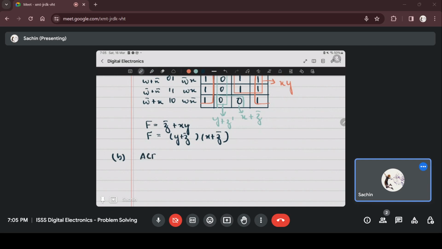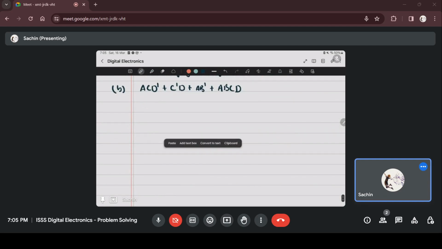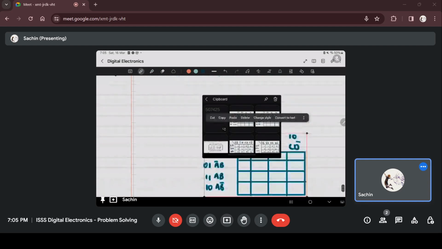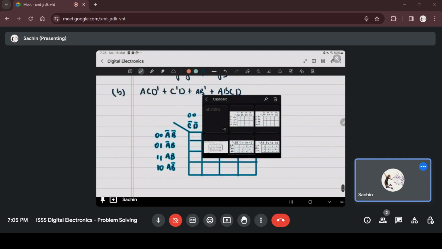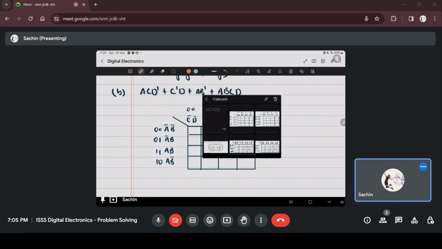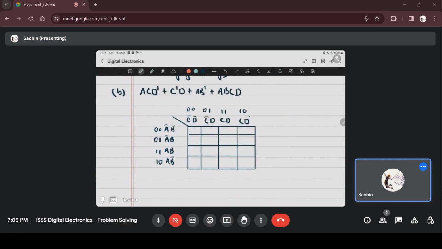You have to do the same thing for AC D bar plus C prime D plus AB prime plus ABCD. In product of sums K map, it will be a plus b, a plus b bar, a bar plus b bar, and a bar plus b.